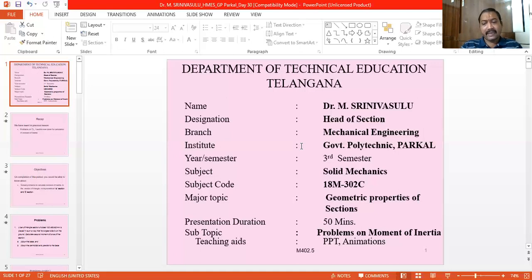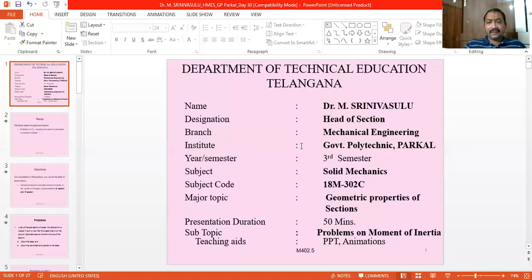In this way, we can solve the problem for any composite figure, and we can find out the moment of inertia about xx and yy for any composite figure like L section, T section, C section, I section, Z section or any other shape.